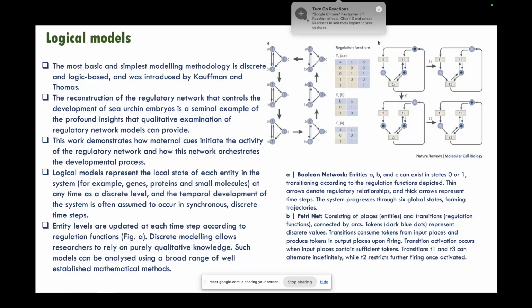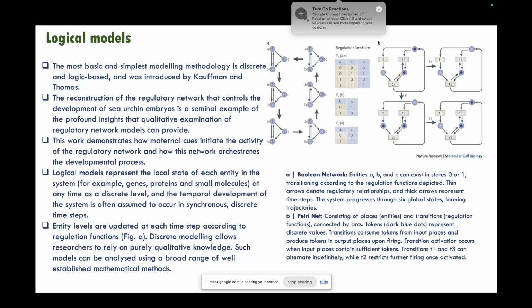So at the input, they use up tokens, and at the output, they produce tokens depending on the output of the network. This discrete modeling allows us to purely rely on qualitative knowledge. Such models can be analyzed using a broad range of well-established mathematical methods as well.